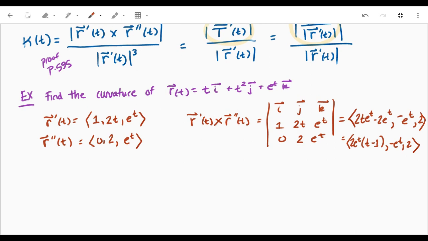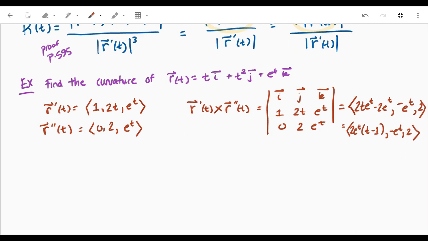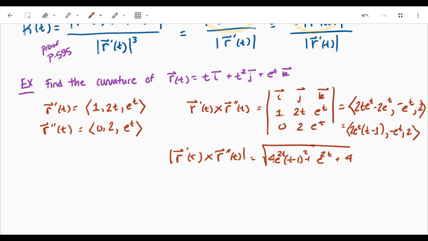The magnitude of that will be the square root of, let's see, 4e to the 2t, t minus 1 squared, plus e to the 2t, plus 4. And then the magnitude of r prime of t will be the square root of 1 plus 4t squared plus e to the 2t.